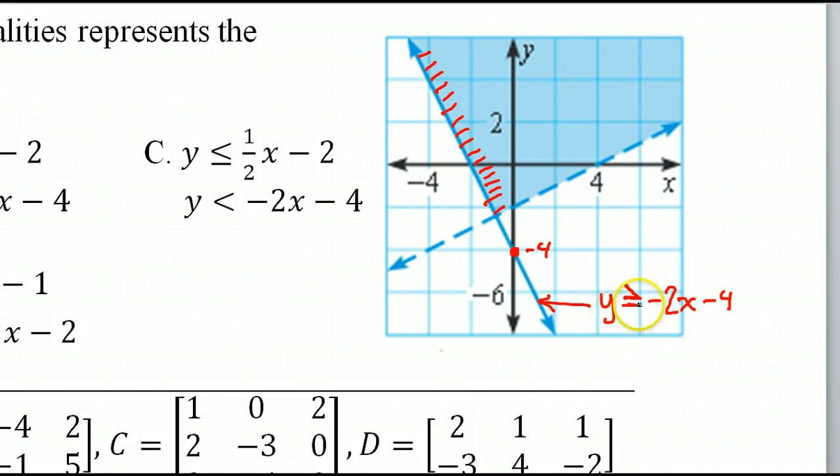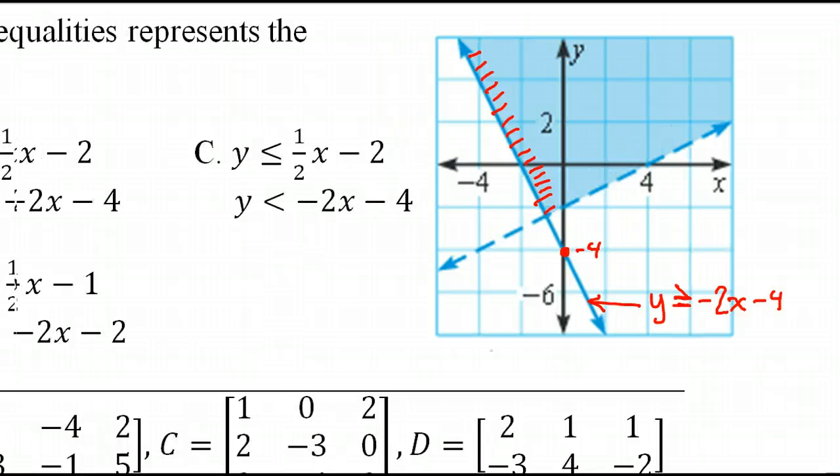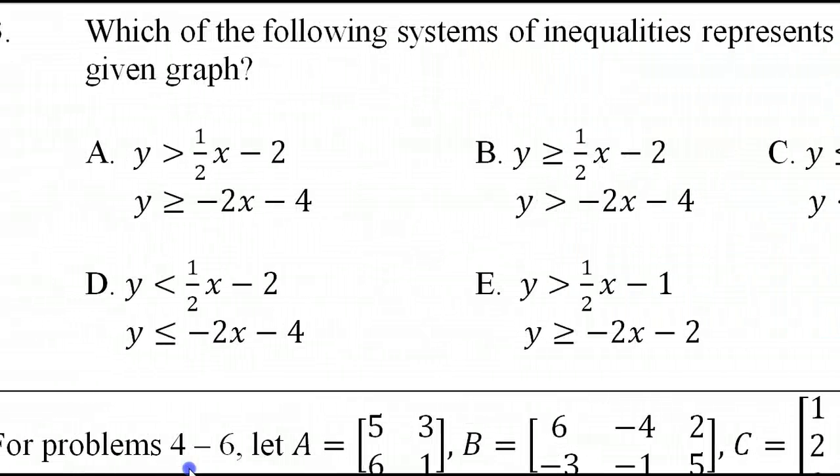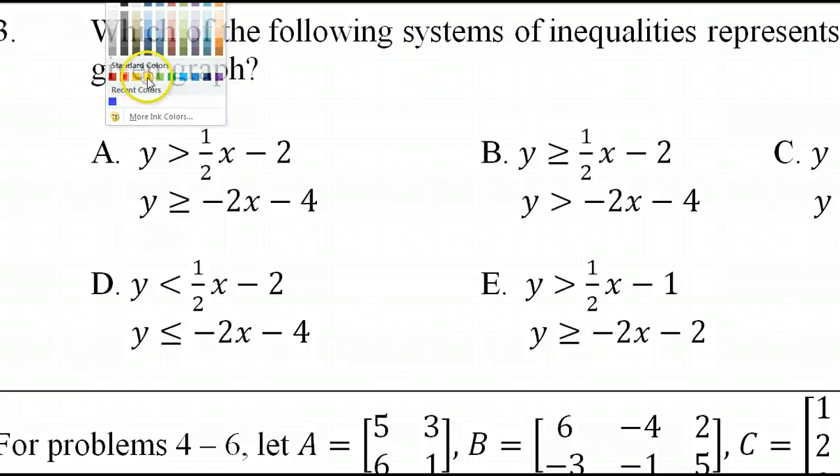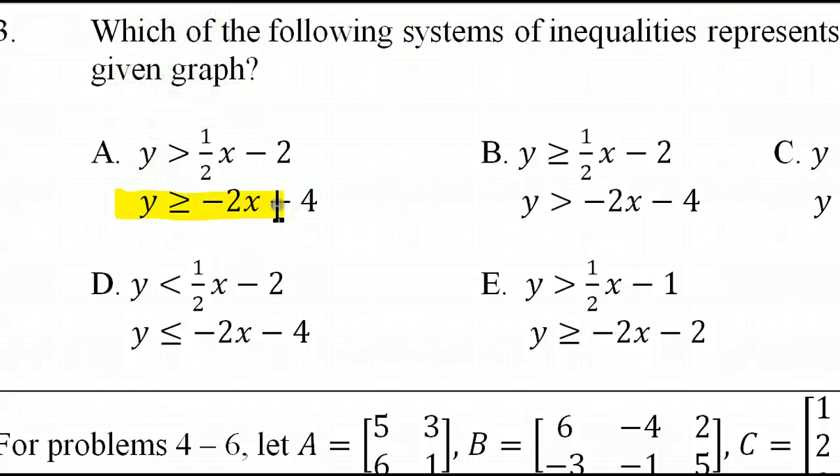So we should have y is greater than or equal to -2x minus 4. So here's a possibility: y is greater than or equal to -2x minus 4.